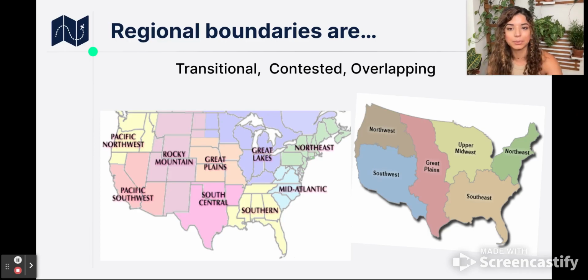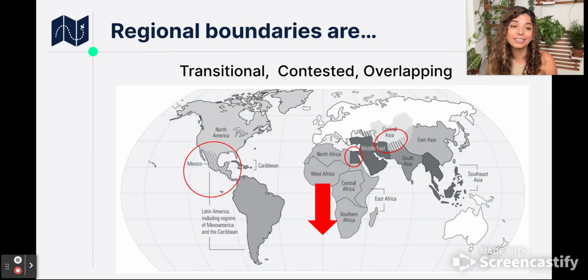Here are some examples. There's no clean cut boundary to some regions. That just happens to be the case, unless it's formal. That's a little different. Again, here are some examples of transitional, contested, or overlapping boundaries. Some of these are more contentious than others.